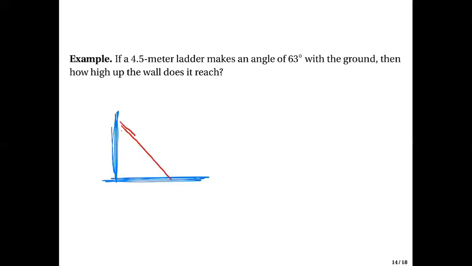So suppose this is your ladder, and according to this, it's a 4.5 meter ladder. So the length of this is 4.5. The angle with the ground here is 63 degrees.